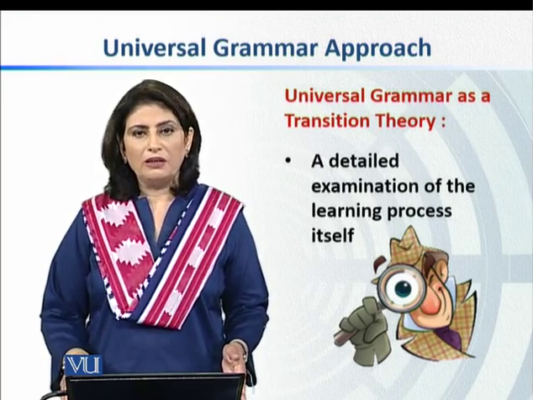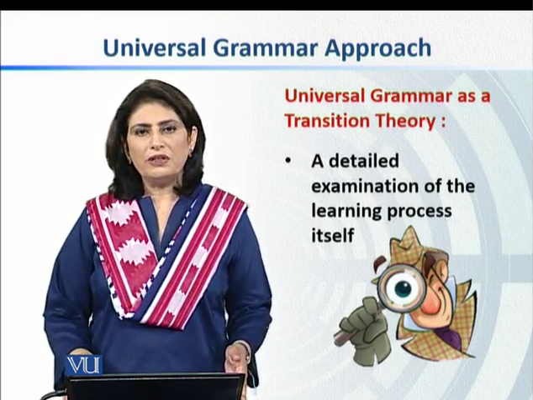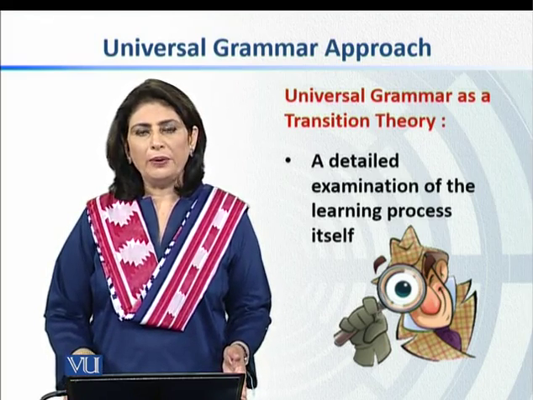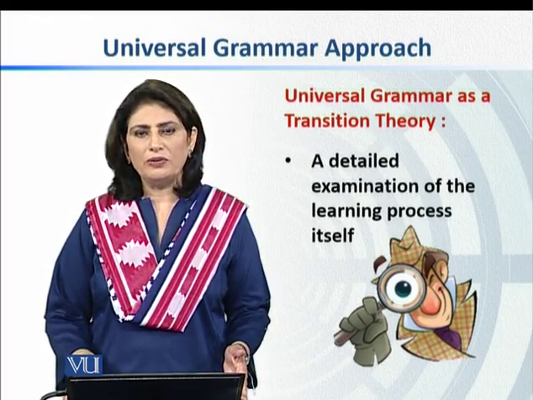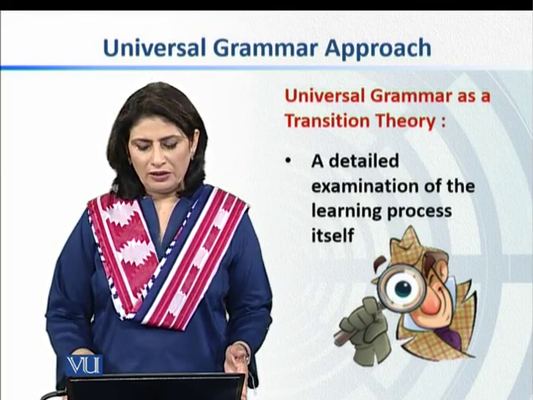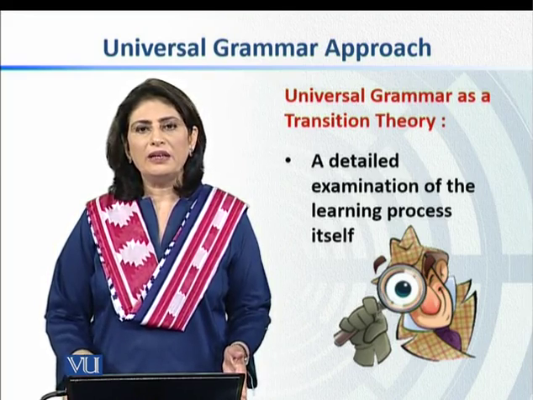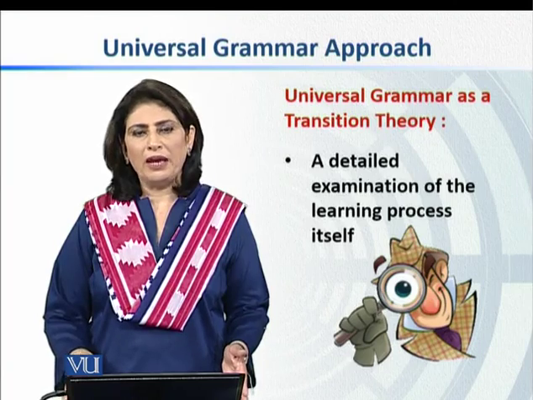So we see that universal grammar is interested in knowing what type of knowledge is there in the minds of the learners, and it also tries to describe the language transition process, or the learning process, that occurs during the learning of the second language.